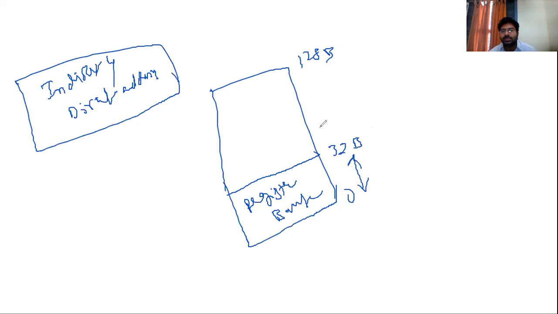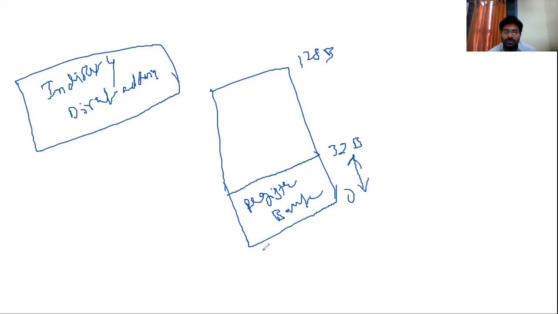Whatever the remaining size is, we can subtract that: 128 minus 32 is 96, so 96 bytes of memory remain.